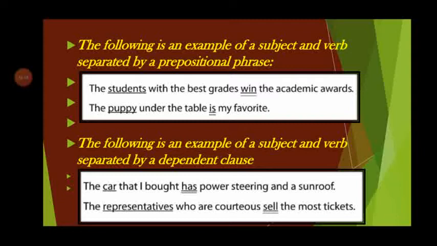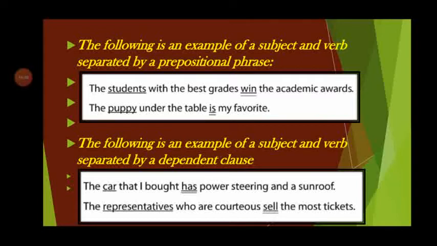The following is an example of the subject and verb separated by a dependent clause. The car that I bought has power steering and a sunroof. The representatives who are courteous sell the most tickets.